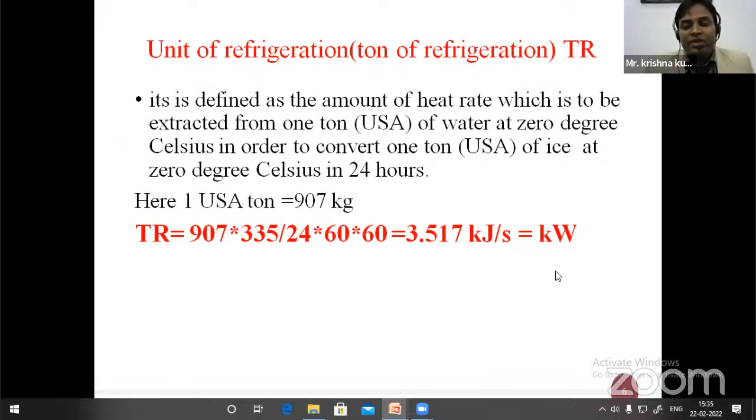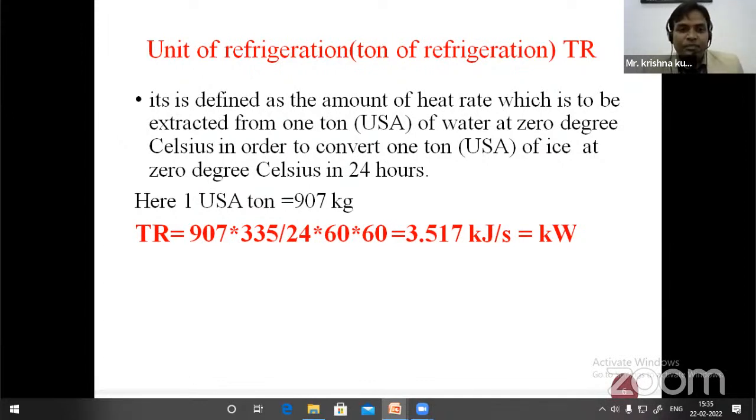So 1 TR equals 3.5 kilowatt. If we purchase a 1 ton air conditioner, generally its rating is 3.5 kilowatt. That is the amount of heat it is capable of removing from the storage place, or from the room.